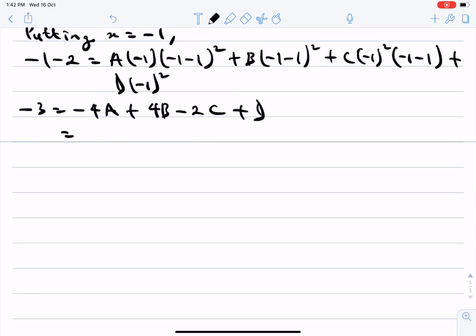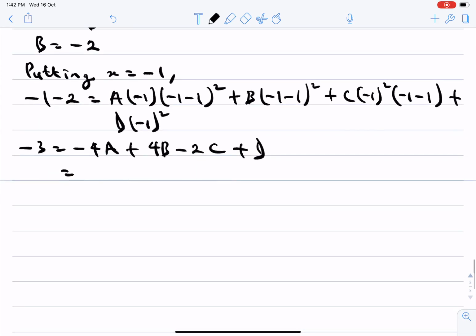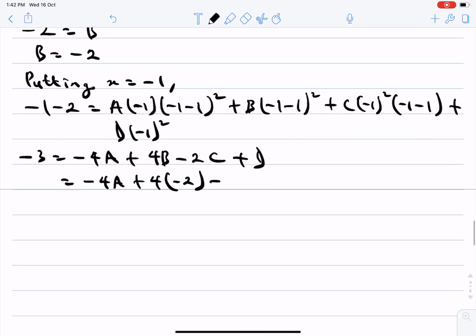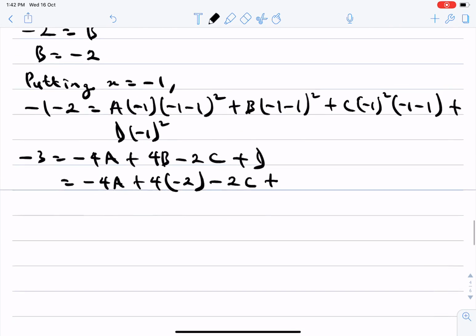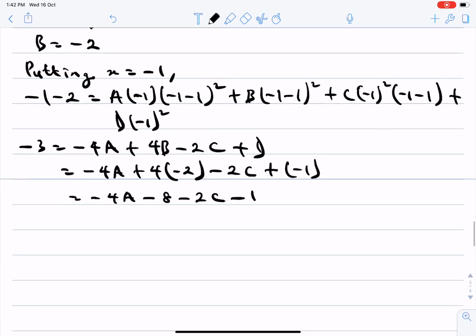And what do we have? We already know the values of b and d. So we are putting b and d here. That means minus 4a plus 4 times minus 2, which is what b is, minus 2c plus, what is d? Minus 1. So, which means minus 4a minus 8 minus 2c minus 1.